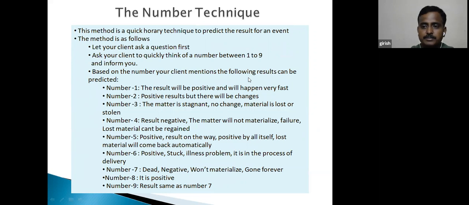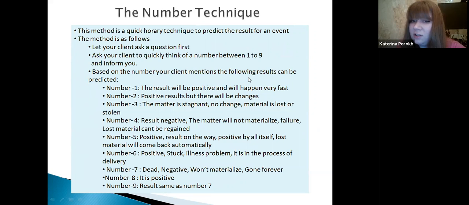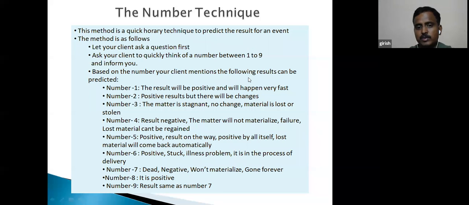Okay. What about if it is in the process of delivery, regarding the lost thing? Number 6. Okay, you can say that yes. In the number 6, if somebody is expecting something from somewhere, you can always say that it is on the way. It's coming.